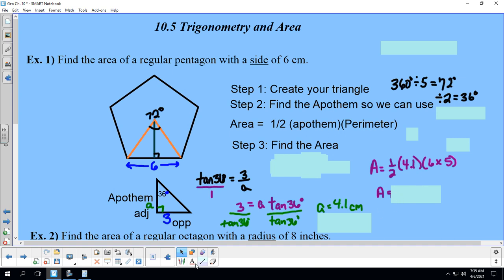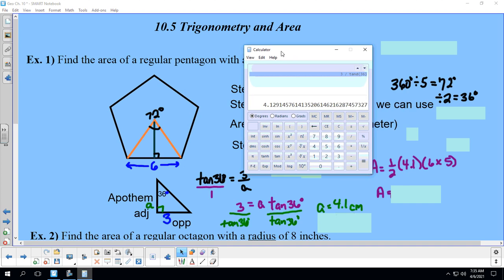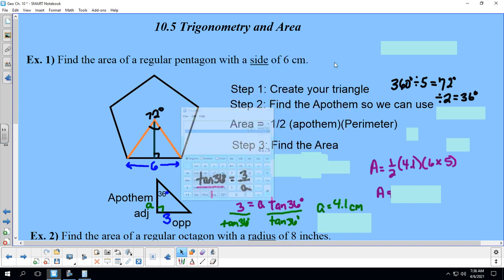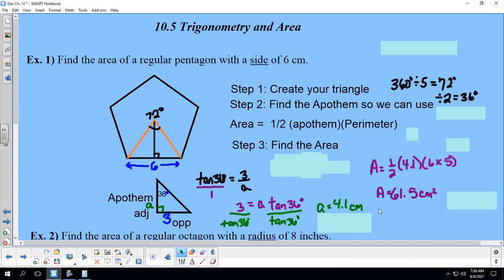Throw that in your calculator. And I always, when I'm doing it in my calculator, I put 0.5 instead of 1/2. It's one less step that I have to do. Times 4.1 times 30. Oh, 61.5 centimeters squared.